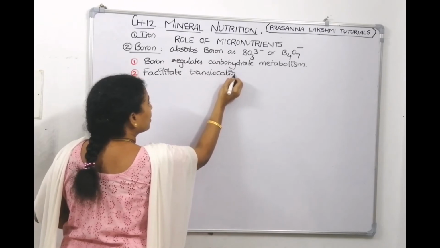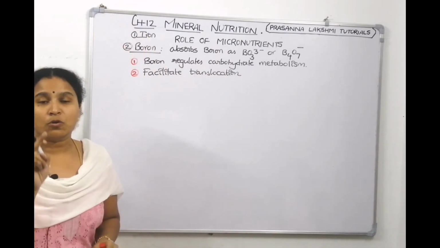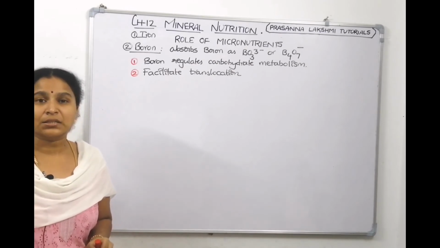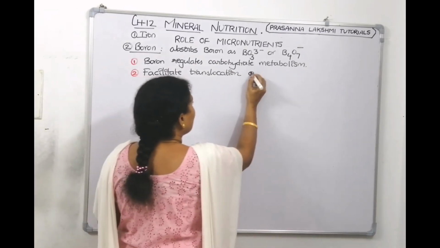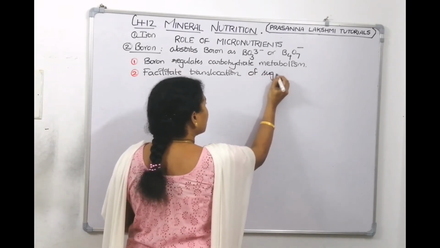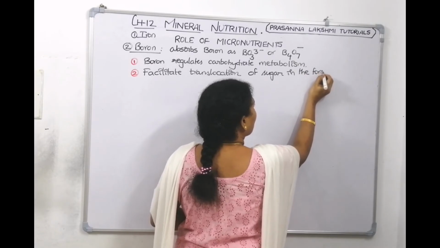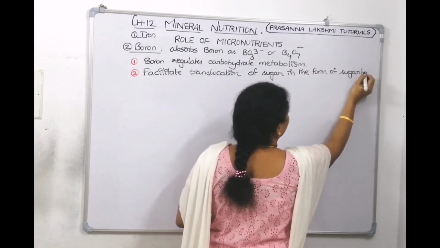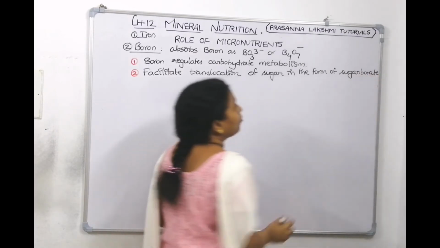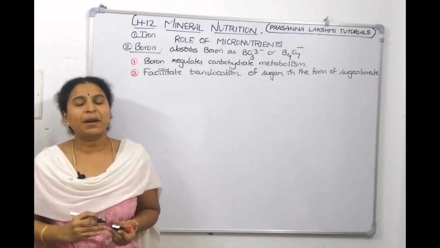Children, what is translocation? Long distance transport with the help of vascular bundles is called translocation. Boron facilitates translocation of sugar in the form of sugar borate, transporting the sugar to all the parts of the plant.